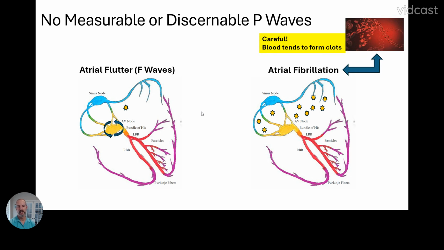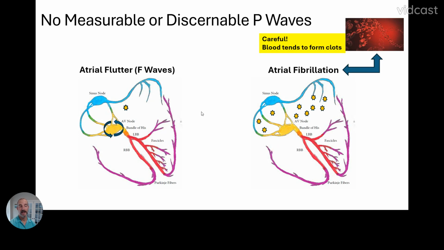So the blood tends to pool at the top of the heart. It's not being kicked from the top to the bottom efficiently, and therefore, people with atrial fibrillation are at risk for throwing clots. And they are often on medication to reduce that risk of them having a heart attack or a stroke or some other type of event that results from clots flowing through the body.